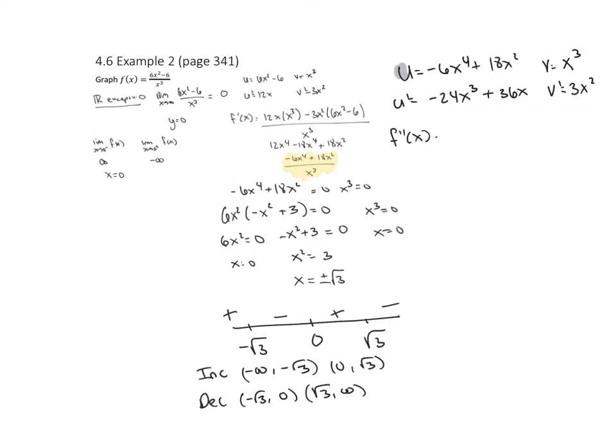My second derivative is negative 24x cubed plus 36x, all times x cubed, minus 3x squared times negative 6x to the 4th plus 18x squared, everything over the original squared, so that's going to be x to the 6th.